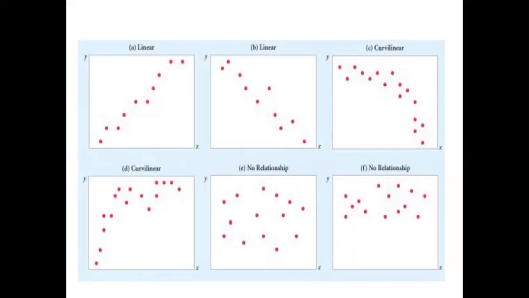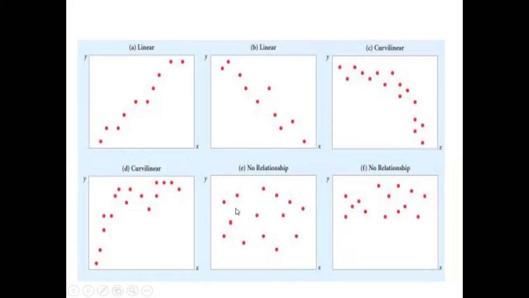However, it seems a relatively well-defined relationship, like an arc or a circle, which can be represented by a simple quadratic equation. So next we have D. It is also curvilinear. It shows a positive curvilinear relationship. However, it does not resemble a regular shape. There is no regular shape. At least here we have a curve, but there is no regular shape, and this would not be a strong relationship.